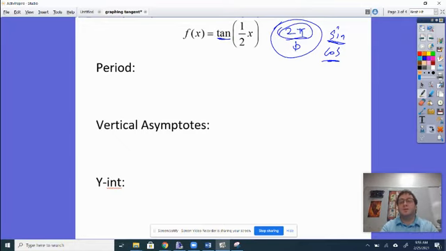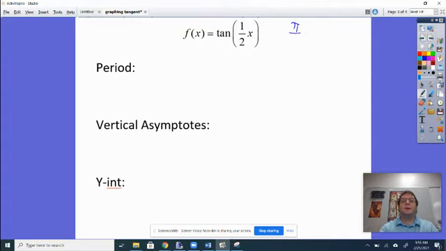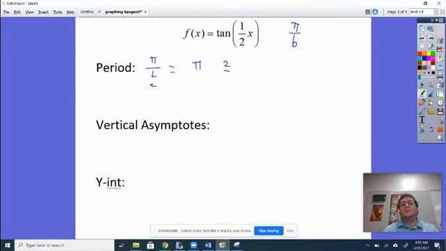So for tangent, we want to actually use pi over b. In this case, we're going to have pi over 1/2. We're going to KFC this, keep, flip, change it to multiplication, and we're going to end up with 2 pi over 1, or just 2 pi.